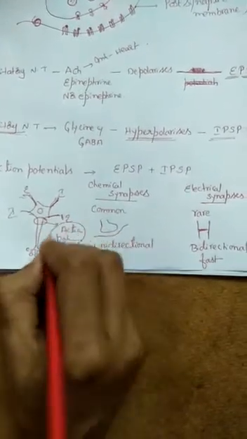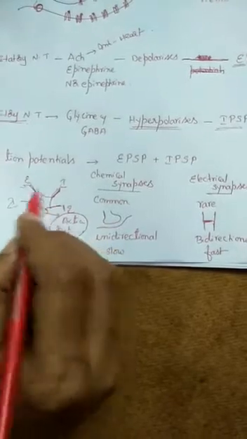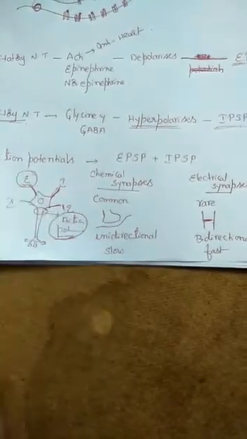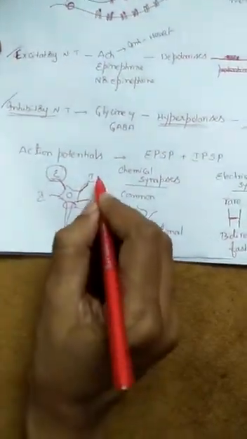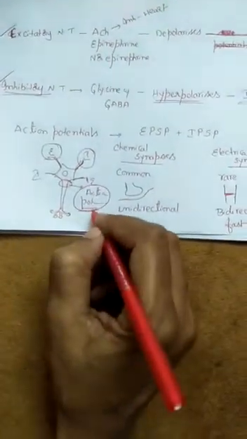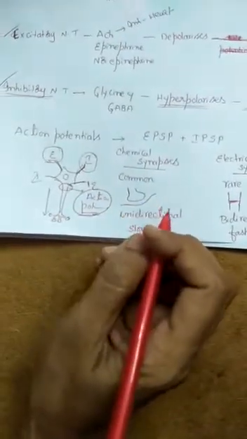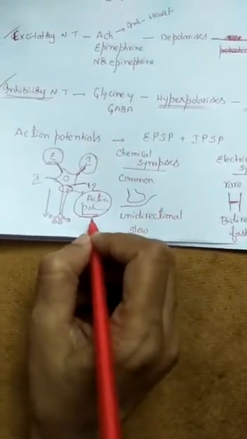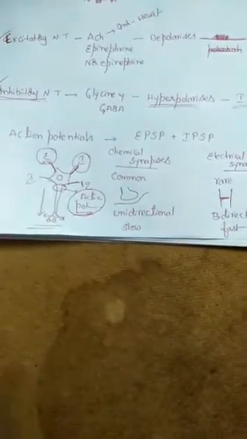So the generation of action potential near the axon hillock depends upon the sum of the excitatory postsynaptic potentials or the inhibitory postsynaptic potentials. And if an action potential is generated near the axon hillock, that conducts towards the axon terminals following the all or none rule again. So here we have seen the conduction through chemical synapses, which are common in our body.